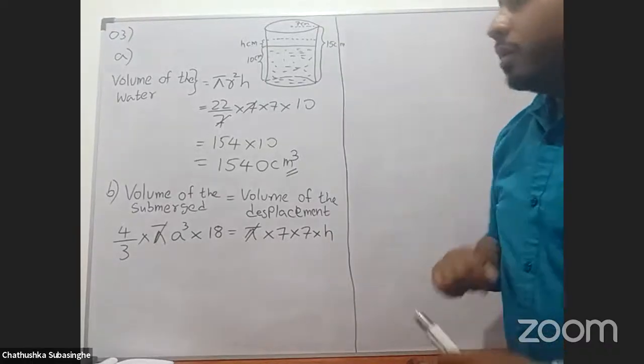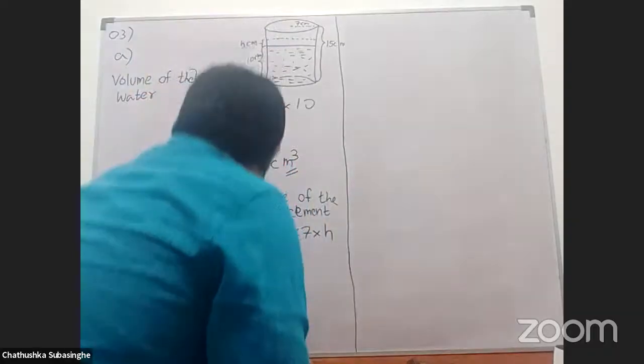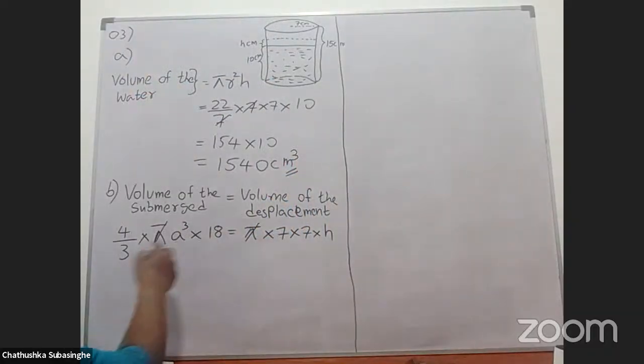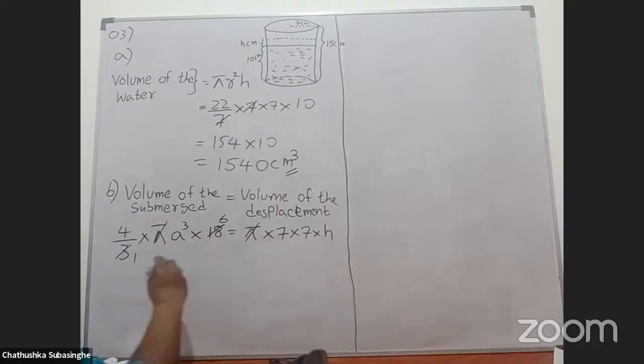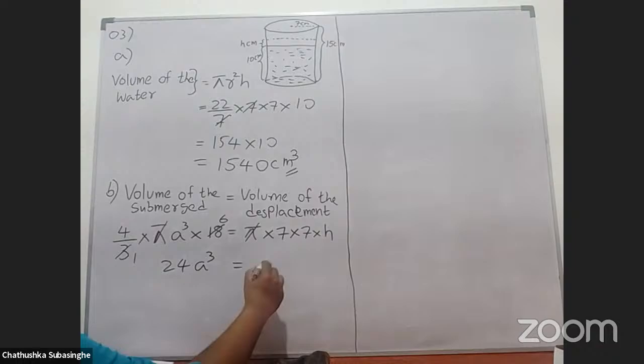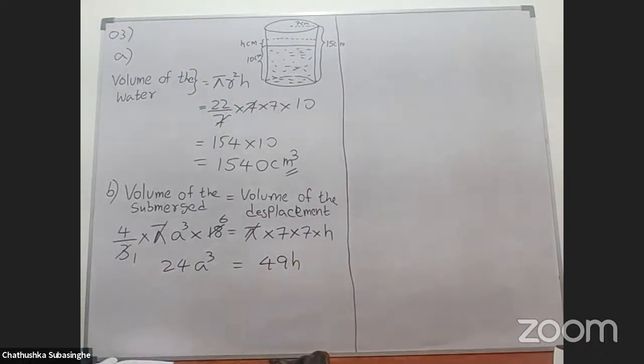Right? Okay, so we have to simplify this now. 3 and 3 we can cancel out. 3 times 1, 3 times 6. So we have 4 times 6. 4 times 6 is 24. We have 24 a cube equals 7 times 7, 49 h. Now look at the answer. They have isolated h, which means we have to move 49 to the other side.